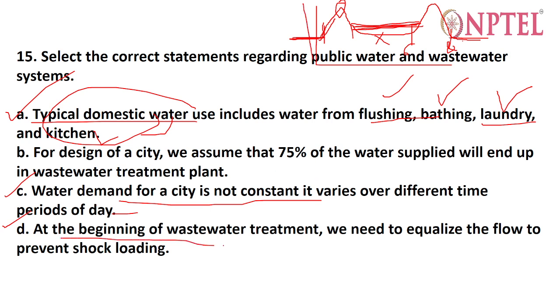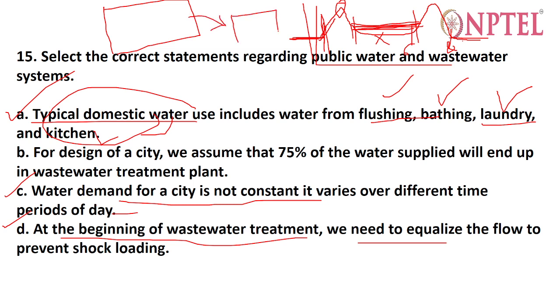And at the beginning of the wastewater treatment, we need to equalize. There is one portion called the equalization tank, to equalize the flow and prevent shock loading. Because if sometimes a higher flow rate of water is coming, and then the flow rate decreases, then again higher, it will shock the biological treatment system.